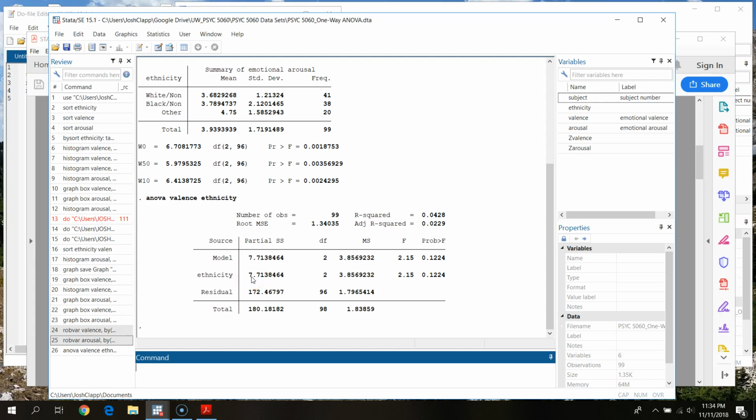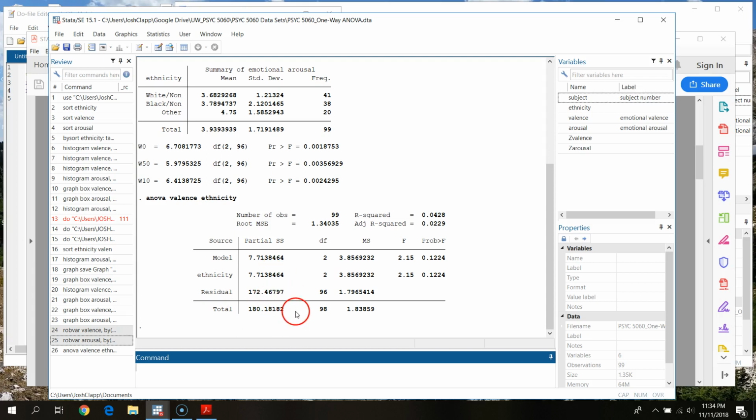So our sum of squares between, or our sum of squares effect here, or we talk about this as sum of squares treatment associated with our factor. So our sum of squares is going to be 7.71. Our residual, this is our sum of squares within, or our sum of squares error, 172.47, and then our sum of squares total. If we add these two together, we get this.